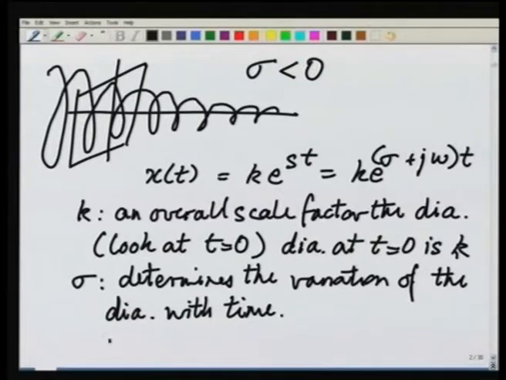If sigma is greater than 0, the diameter increases as t increases, otherwise the opposite happens.